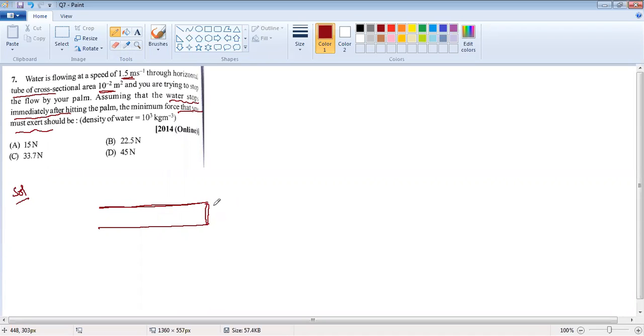With your hand you are putting it here. You want to stop this with your hand.